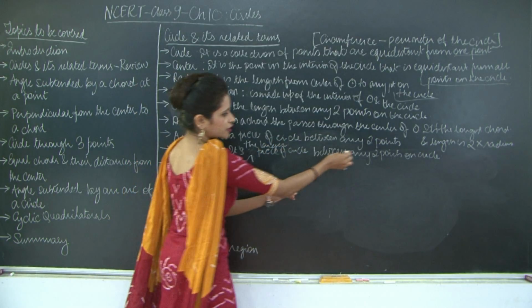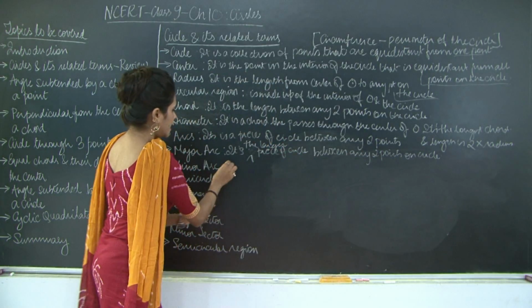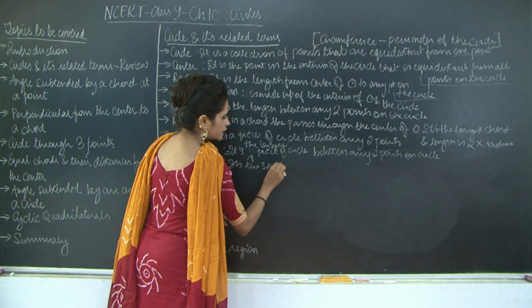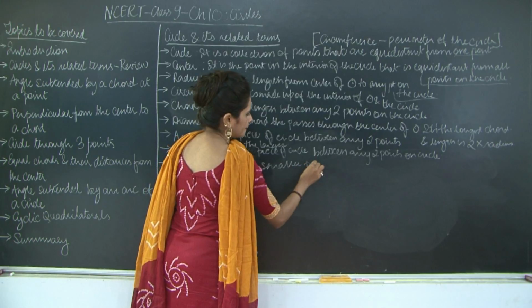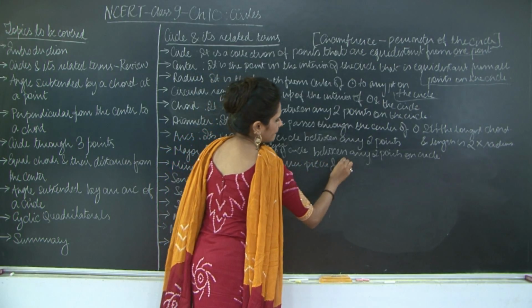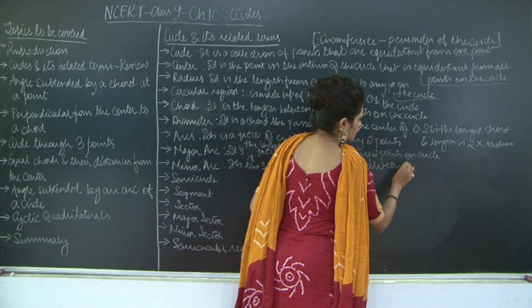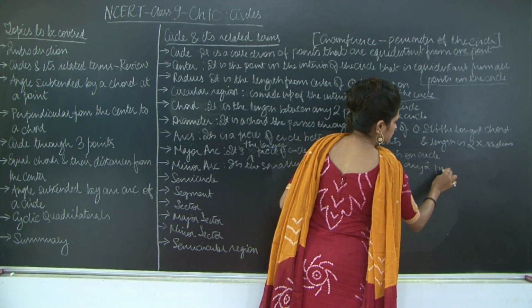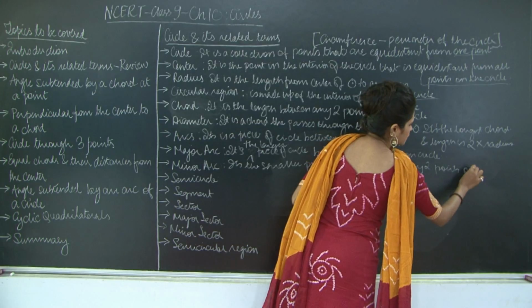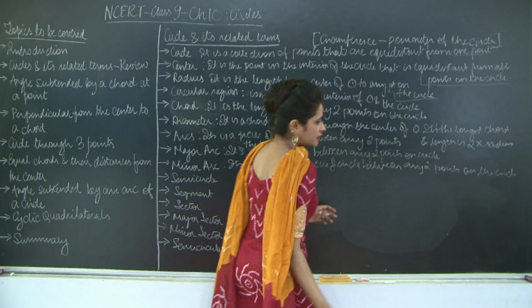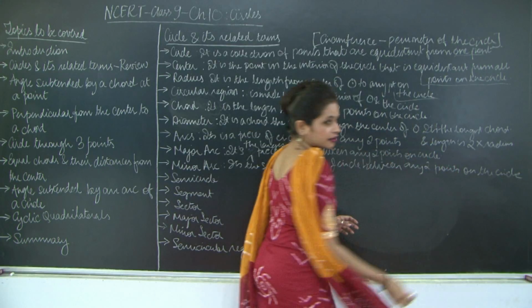It's the larger piece of circle between any two points of the circle, and minor arc is the smaller piece of circle between any two points on the circle. So we learnt about the major arc and the minor arc.